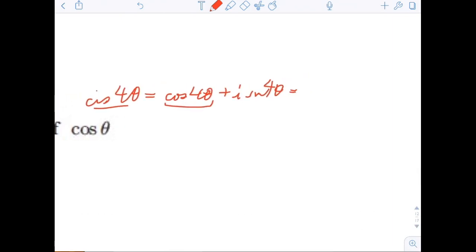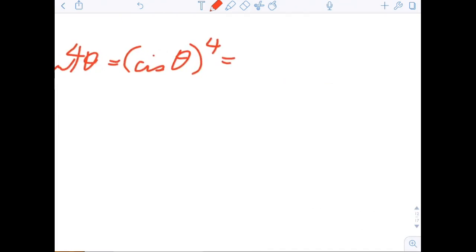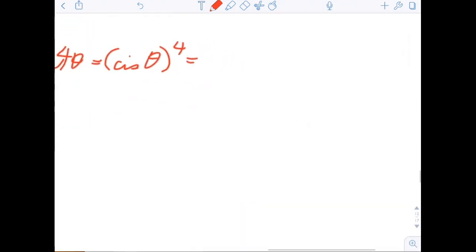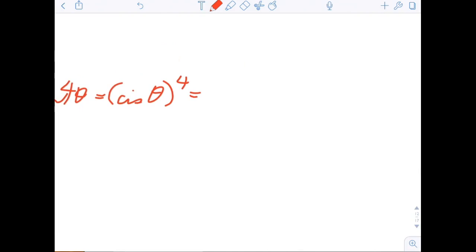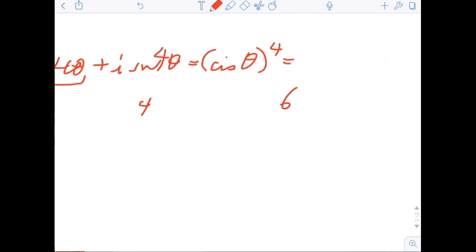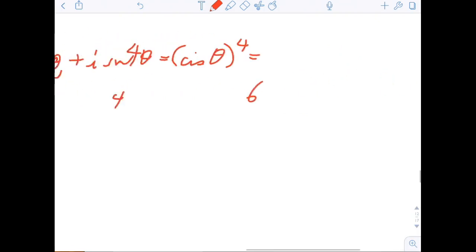So what if we use de Moivre's, and we know that cis 4 theta is actually equal to cis theta to the 4th, right? So let's expand this with binomial expansion. So that would be 1, 4, 6, 4, 1.